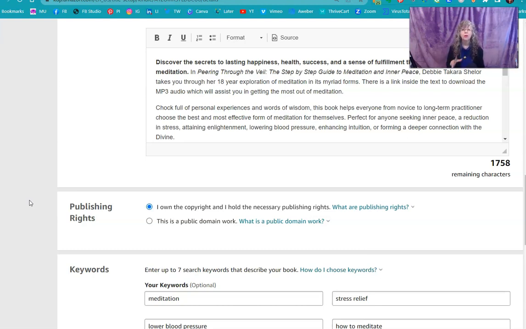And so public domain means things that were written before a certain date. And you need to check online because I'm not remembering if that's 70 or 80 years. But there are legal things about public domain.